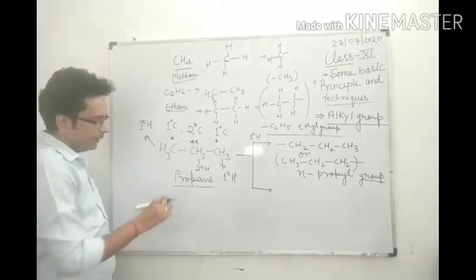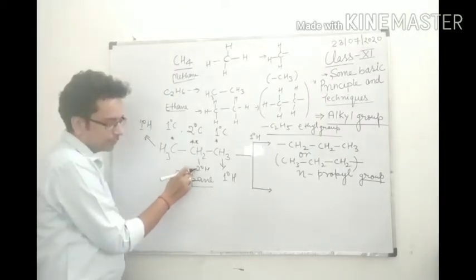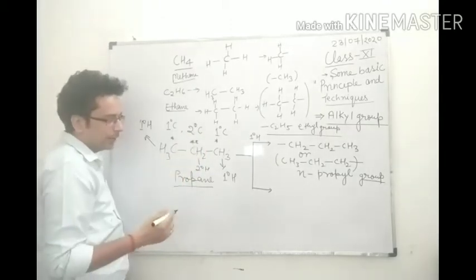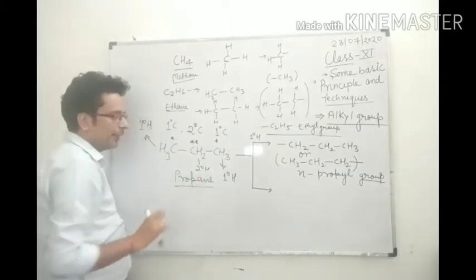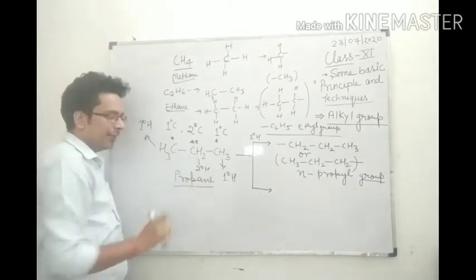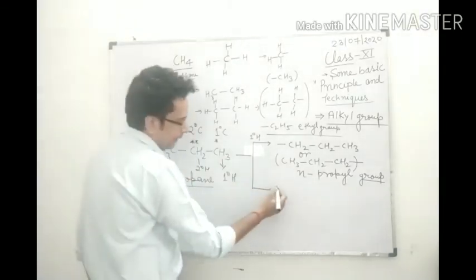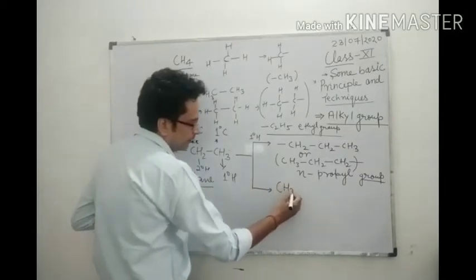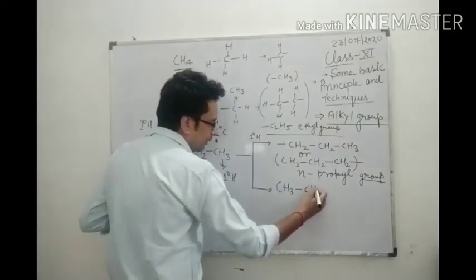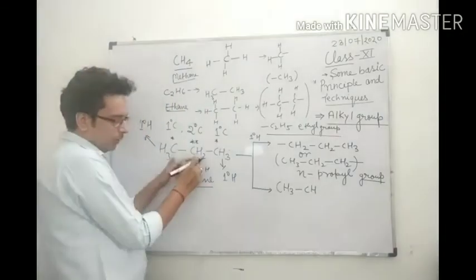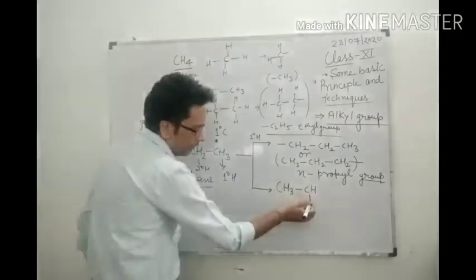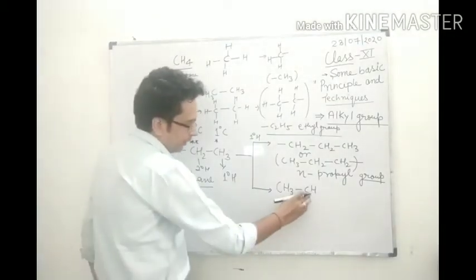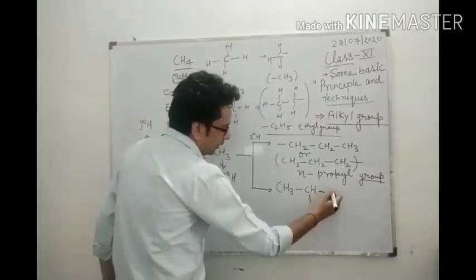Now what about this? This is the 2 degree, that is the secondary carbon. So when we remove a secondary hydrogen from the secondary carbon, look here, what is the structure? This is CH3, no change. This is CH, where one hydrogen is replaced. Then CH3.